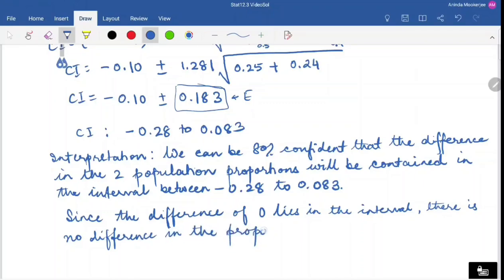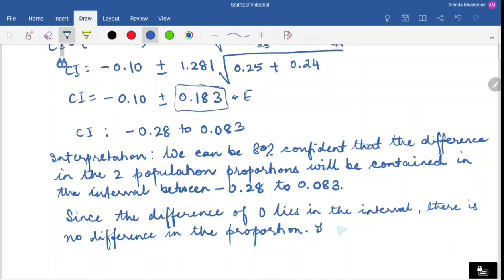They are almost the same. And that agrees with what we found in our hypothesis test, right? We do not reject the null hypothesis. The null hypothesis was stating that the two proportions are equal, and that's what we came up with also. We kind of verified it with our confidence interval as well.